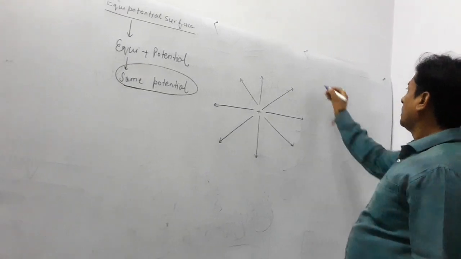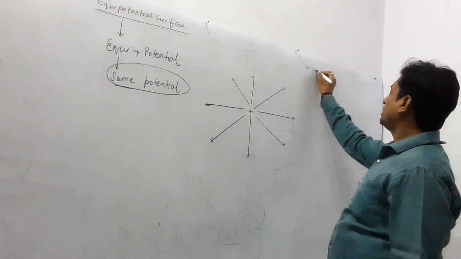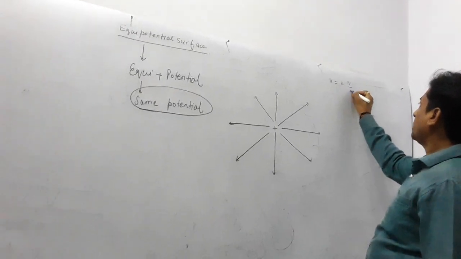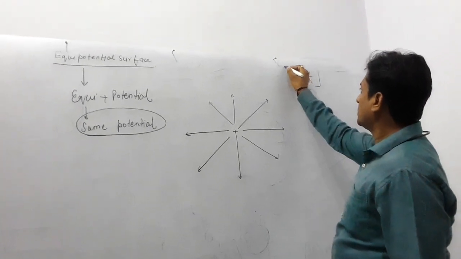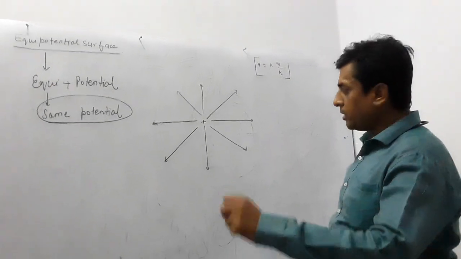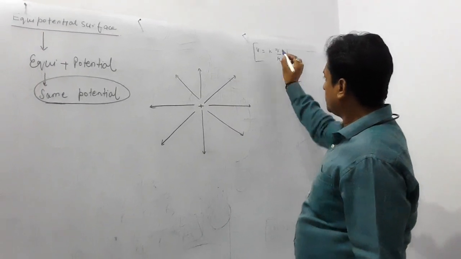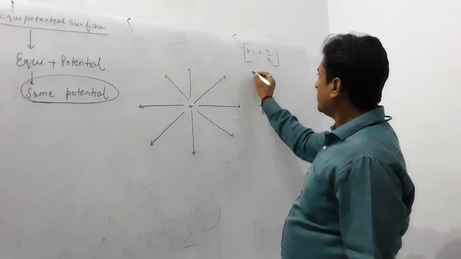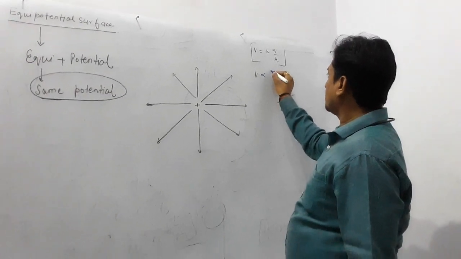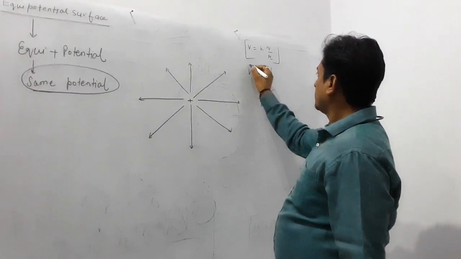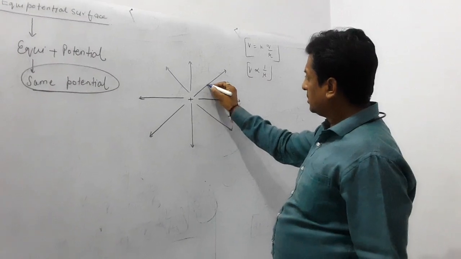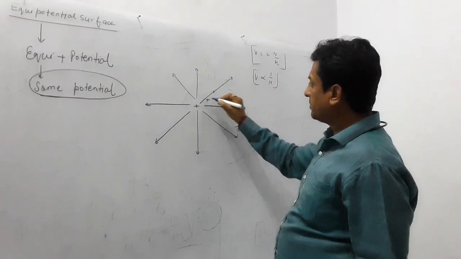Okay, now all of you know the potential is equal to K Q by R. This formula for potential you all know. Here Q is constant, it is the given charge. K is already a constant, that means V is proportional to 1 by R. From this charge, suppose this is the distance R.